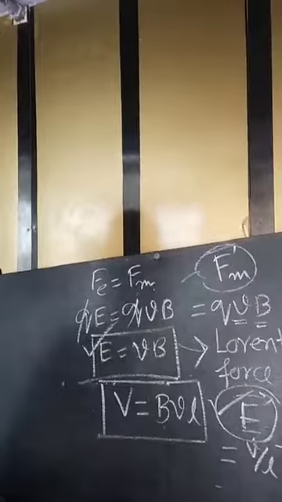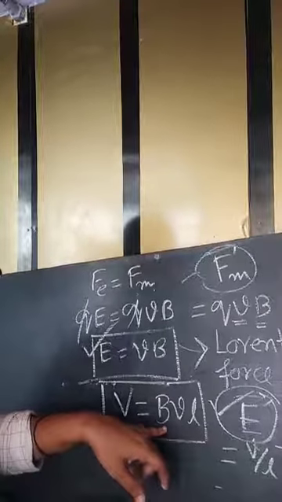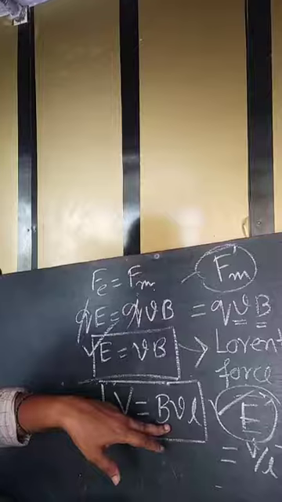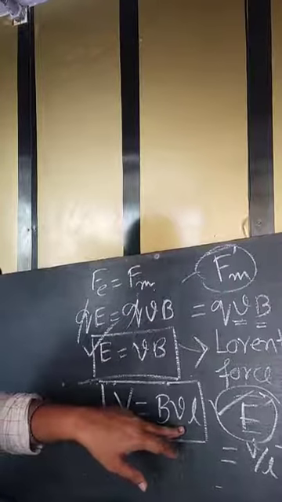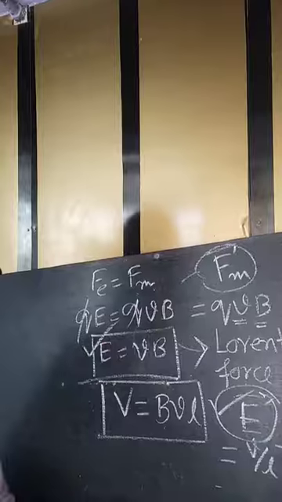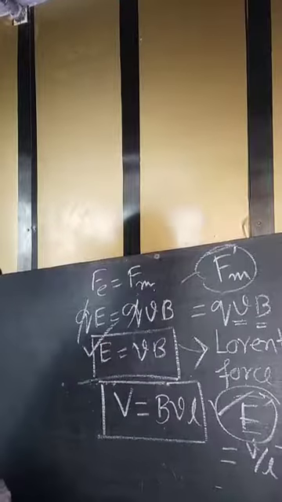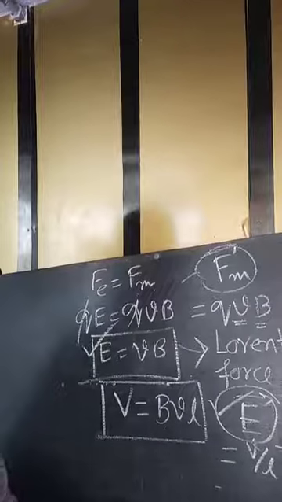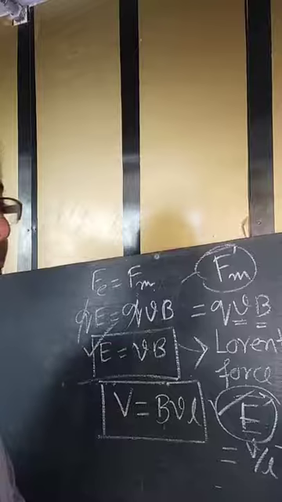Now, what will be the unit of this motional EMF? B will be basically Weber per meter square, v is meter per second and L will be in meter. So V will be in volt. Okay. Clear? Hopefully, it is clear to all.